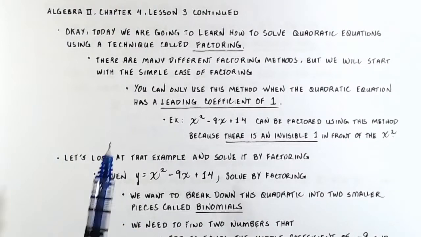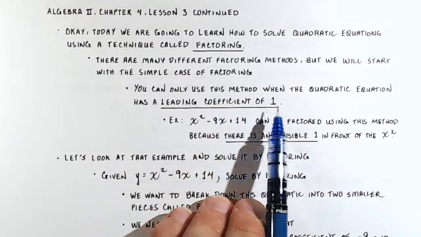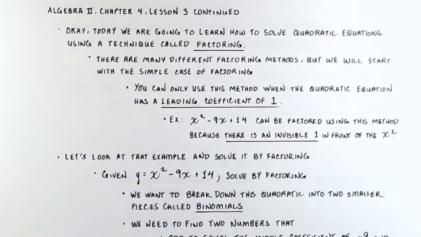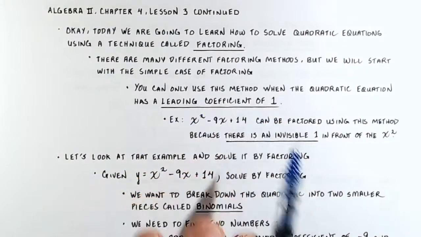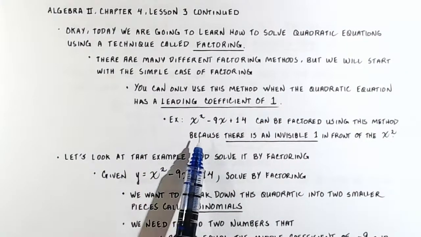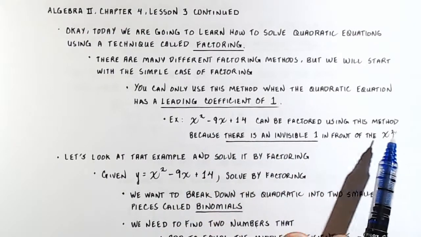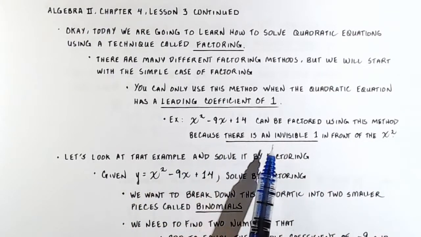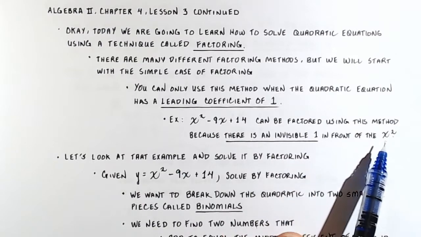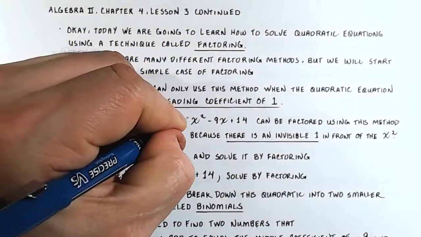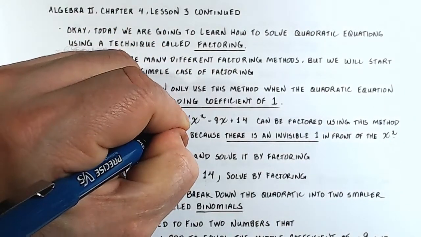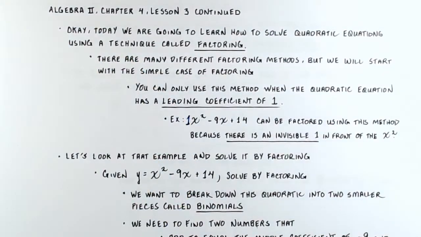Now, for this simple case, you can only use this method when the quadratic equation has a leading coefficient of 1. Here's an example. X squared minus 9x plus 14 can be factored using this method because there is an invisible 1 in front of the x squared, right here. Okay? If it was any other number than 1, then this method would not be possible.